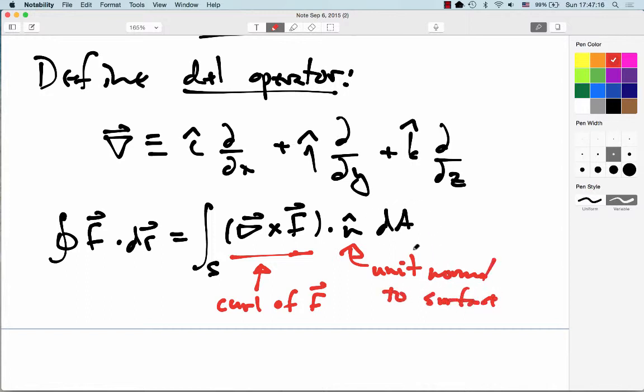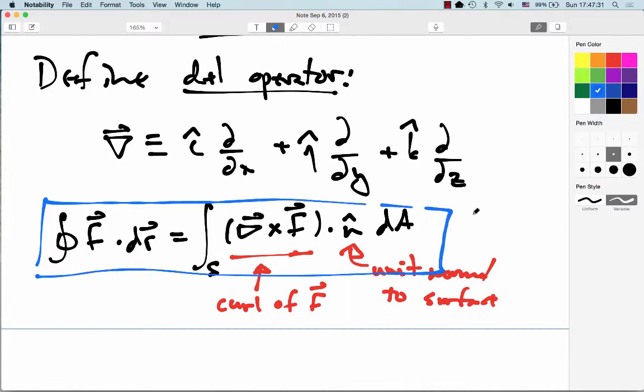The dA is a differential area that our unit normal is currently attached to. The whole thing is actually a result from vector calculus that gets called Stokes' theorem.